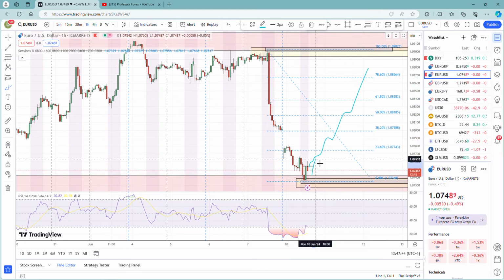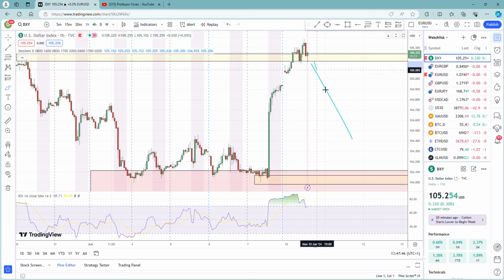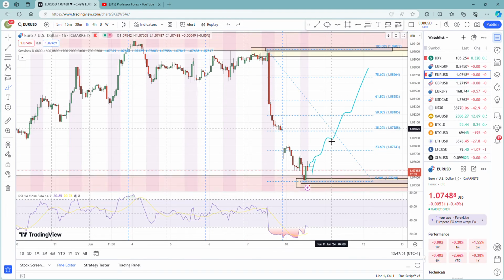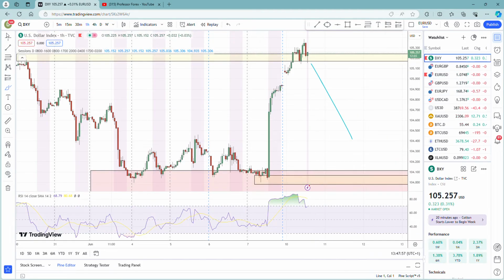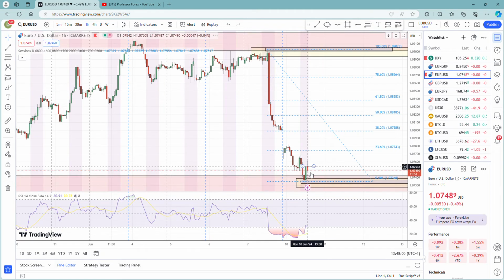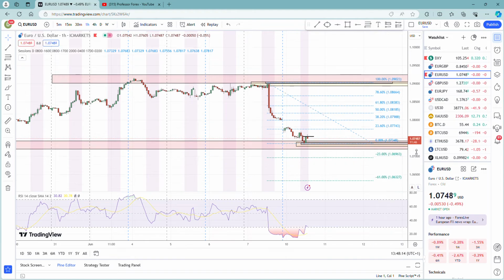Before price goes up, you would expect the DXY to go down, which is why we always look at the DXY. Don't look at the USD pairs and then the DXY. The DXY is the dollar index. It's going to show you where the dollar is going next. So we'd always look at this first. If this is going down, if this is bearish, then we would take a buy trade on EURUSD. So it's not ready yet. It's potentially going to reverse and then go up, or it could even go down further.